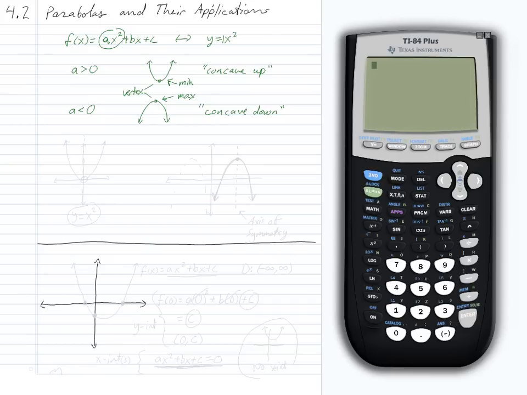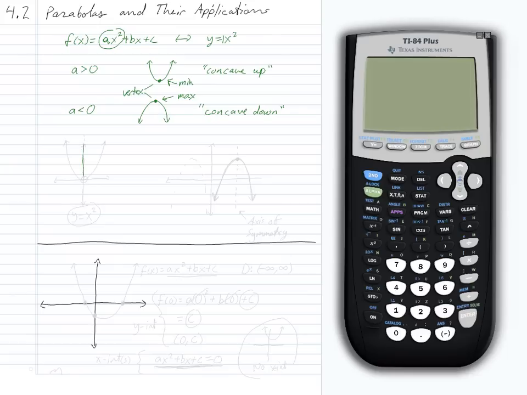In mathematics, that word vertex gets thrown around a lot, and it really just means important point on some graph. The important point on the graph of a parabola is this either maximum or minimum. And the reason for that is that that is the point about which the parabola is symmetric.